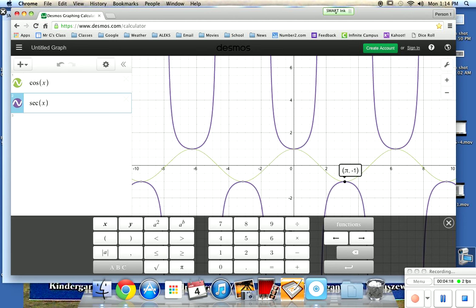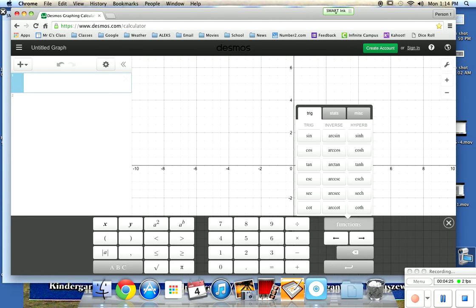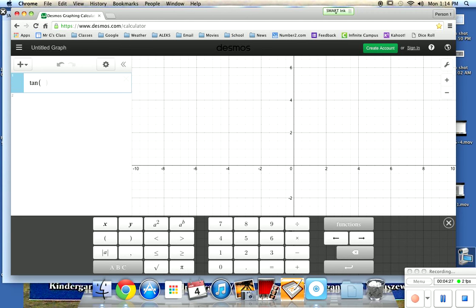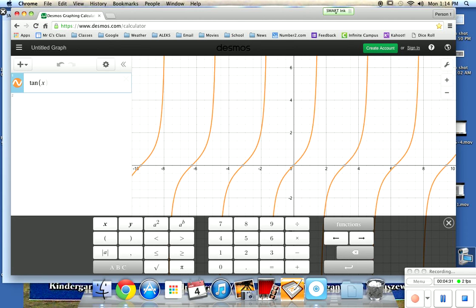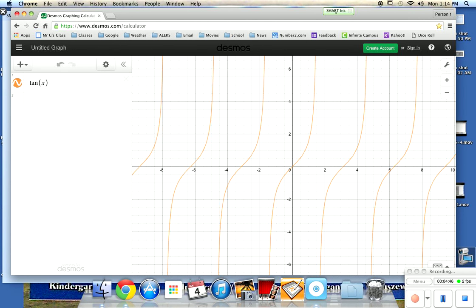All right. Tangent. Remember what tangent looks like? Okay, remember tangent. Tangent hits a point where it cannot equal a certain point. So if we were to look somewhere like right in here, I don't know if it would even tell us what that point would be. Nope. All right.